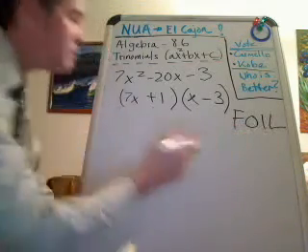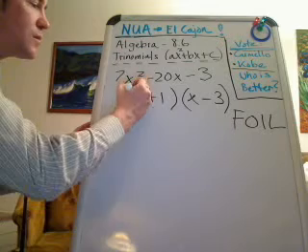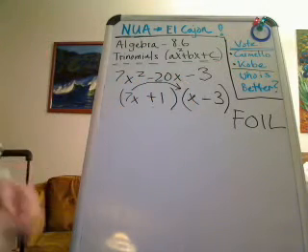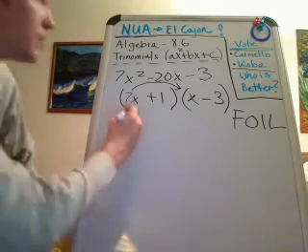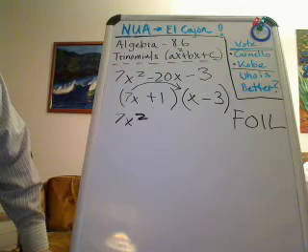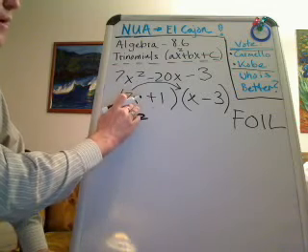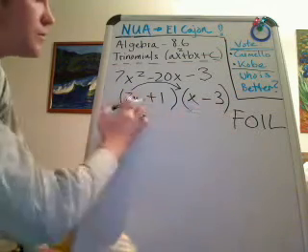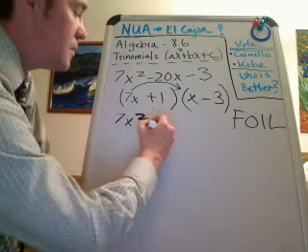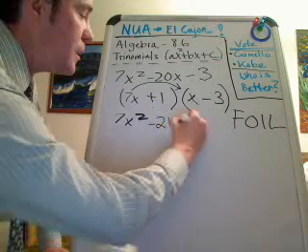First, outer, inner, last. My first term is 7x, so I'm going to go across this way. And when I do that, I'm going to end up with 7x squared. And then my outer terms, 7x times negative 3, I'm going to get negative 21x.